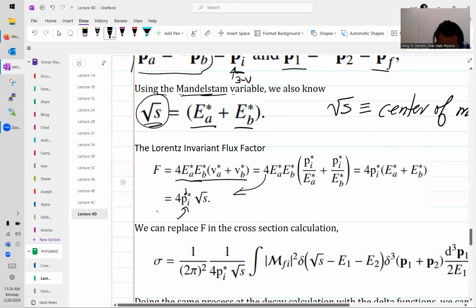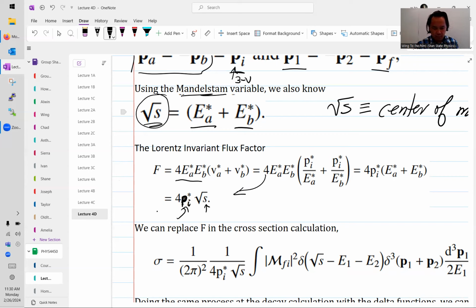This is the 3 momentum, the magnitude of the 3 momentum, times the square root of S, which is the sum of the 2 energies. So if I was writing this book, this would be bold. It's the center of mass energy, which is just E_A plus E_B in the center of mass.